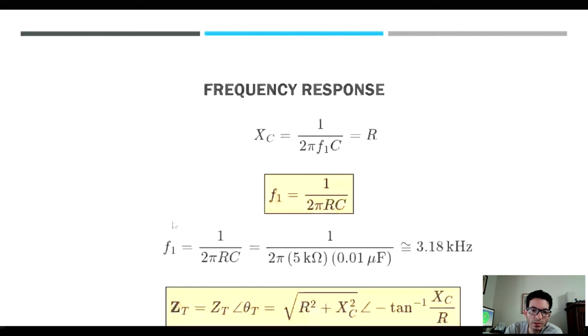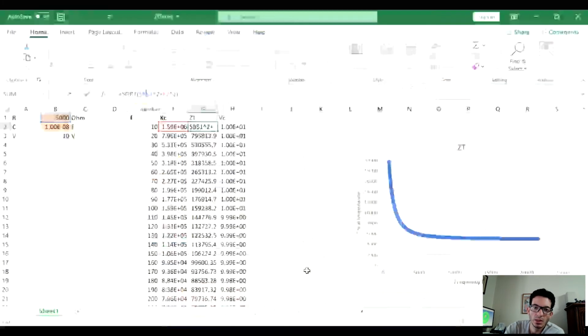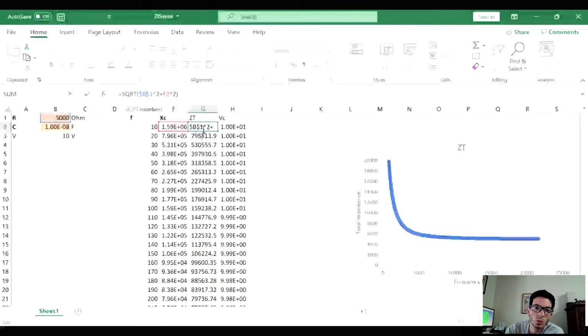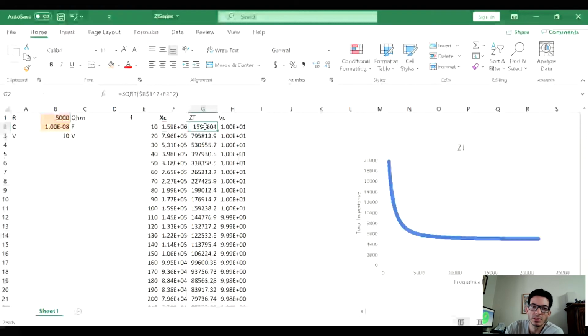This is the total impedance, I'm sorry, not the total capacitance, the total impedance. That's what I did, and you just extend the column all the way through.